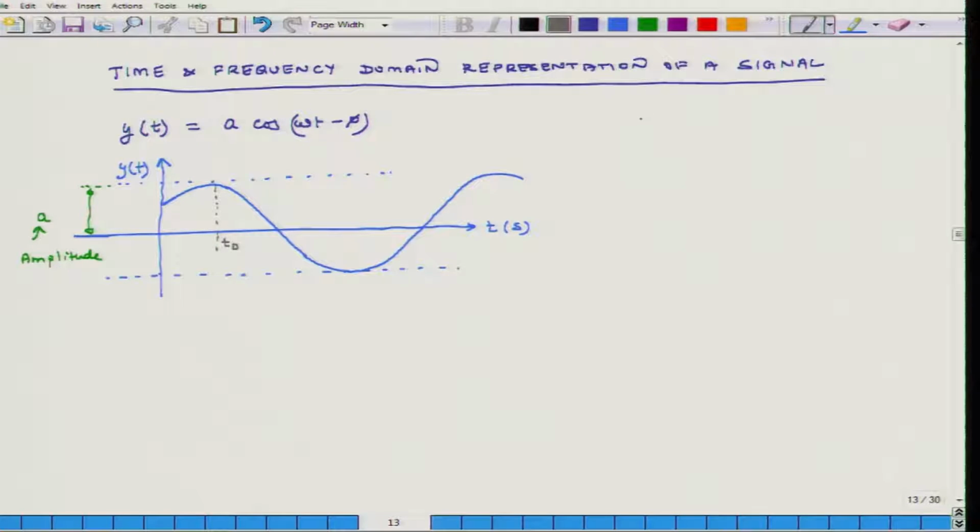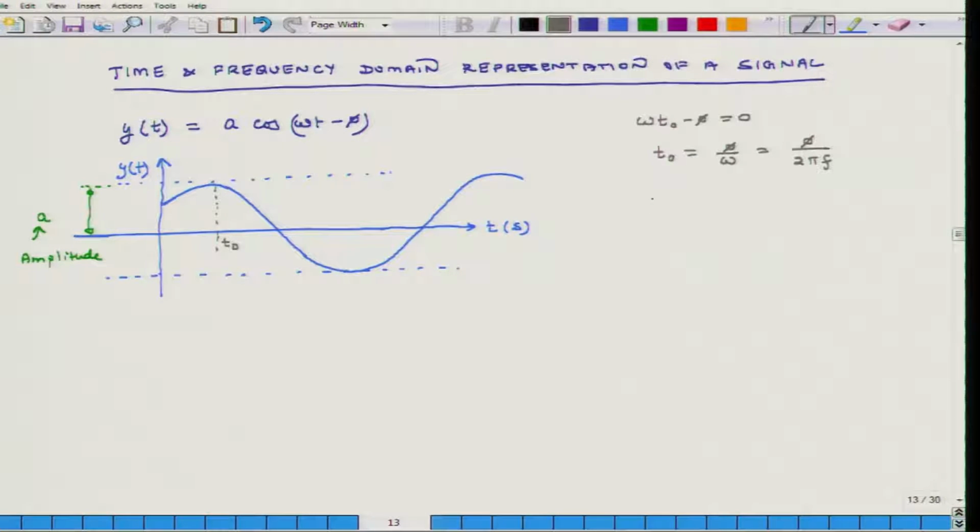It becomes maximum when omega t naught minus phi equals 0, or when t naught equals what? Phi over omega, and omega is 2 pi f. So, it is phi over 2 pi f. Okay. So, at t naught it becomes maximum.